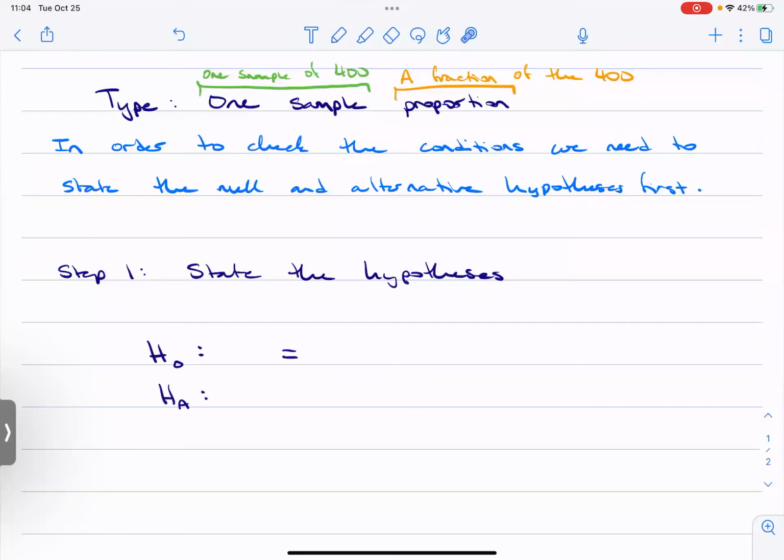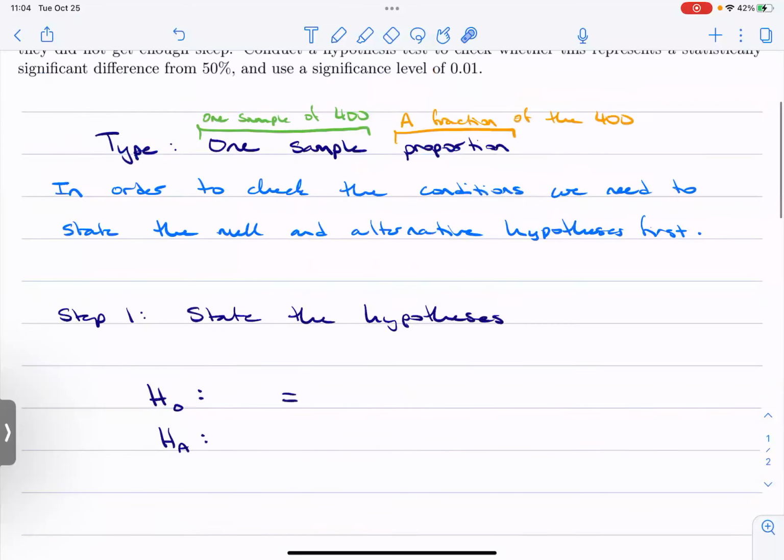Now, for one sample proportion, remember, we're trying to use the sample information to try to learn about the population, right? So if I have a sample proportion, really what I'm trying to do is use that to learn about the population proportion.